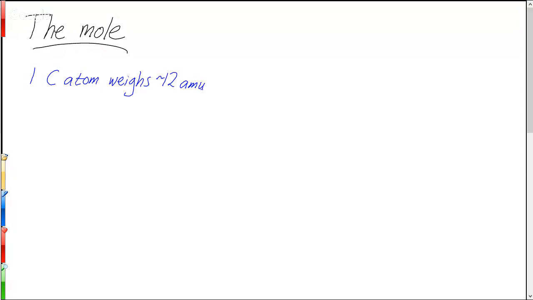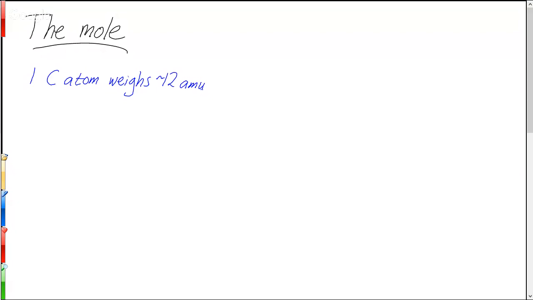Remember that unit, atomic mass units? So that's how much an actual carbon atom weighs. If we convert that to kilograms or grams, it's a tiny, tiny, tiny, tiny number. So we say AMUs instead. So we're not going to count 1 carbon atom. We're not even going to weigh 1 carbon atom. But if we weighed a bunch of carbon atoms, and we knew how much it was and how much 1 carbon atom was, we could figure this out.